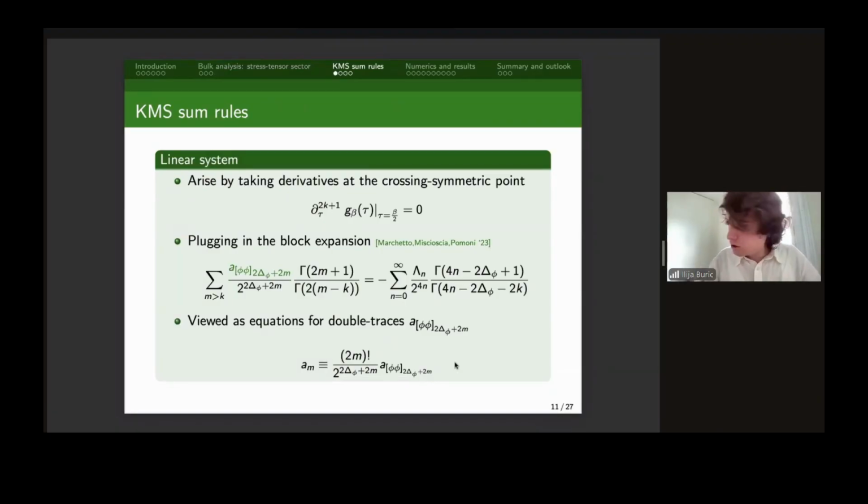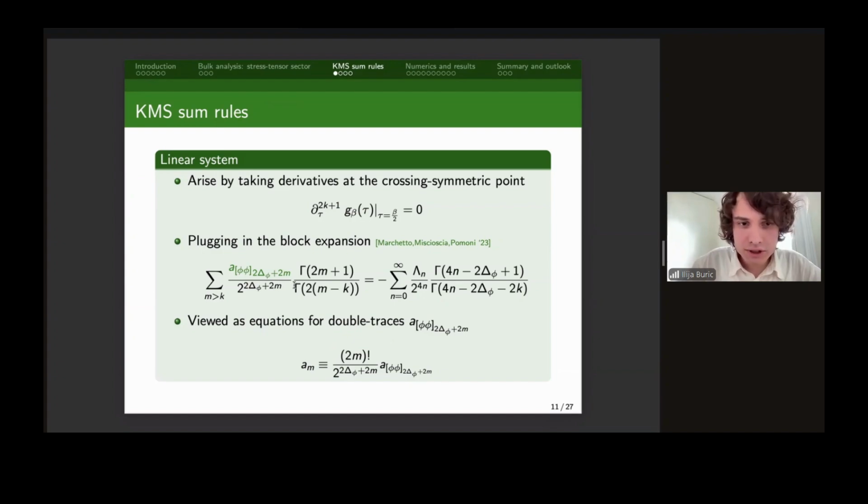Okay. So the focus of our approach is on KMS invariance and this interplay of KMS and conformal block decomposition. So to derive some rules, what you can do, for example, is take the derivative of the two-point function at the crossing symmetric point, and all the derivatives are 0 by the KMS. And now when you decompose this in blocks and act on blocks by this derivative, you get a linear system involving thermal coefficients.